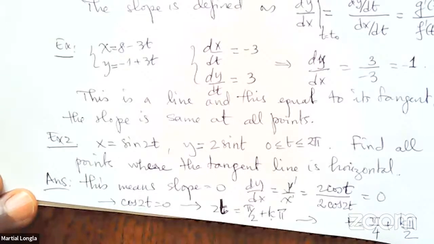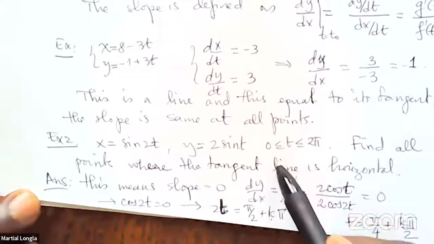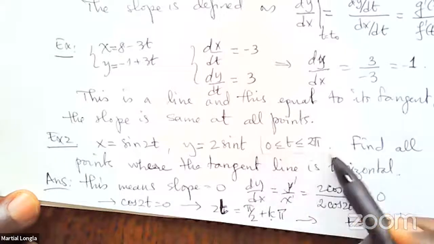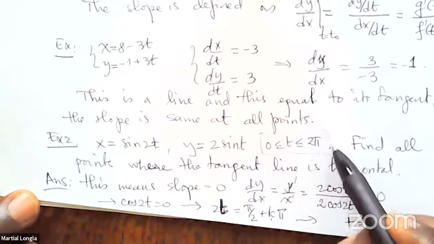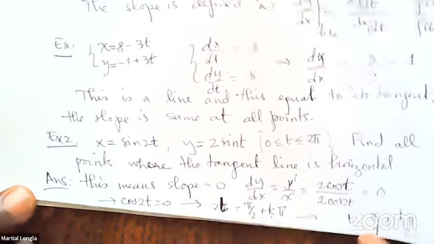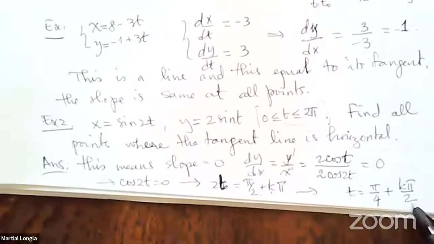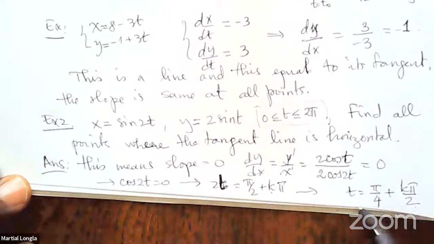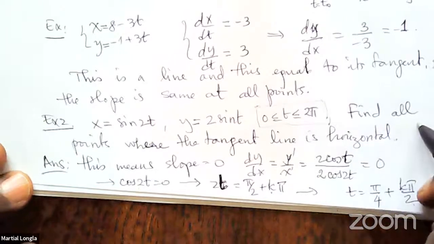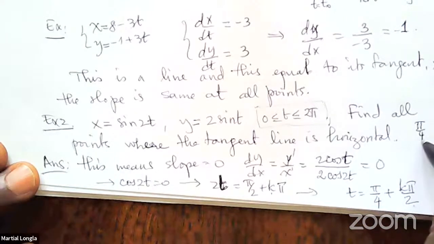Given that the original problem says you need those points with t between 0 and 2 pi, you go through all these t's and keep the ones between 0 and 2 pi, by plugging in various values of k. If I plug in k equals 0, I get pi over 4.